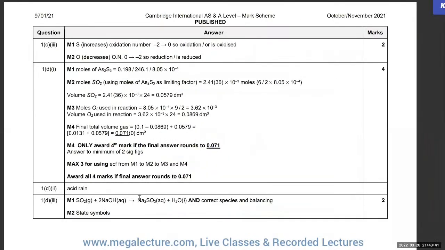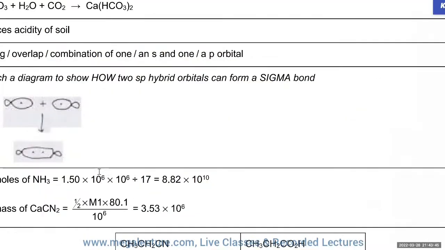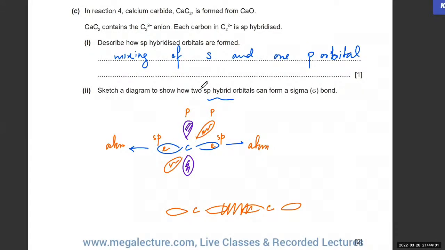So I'll just have a look. That's it, the middle part. I think they actually wanted to see that as well. So sketch 2 sp orbitals that can form a sigma bond. One mark is for this, and the other one is for this. So you have to actually show how the orbitals overlap.